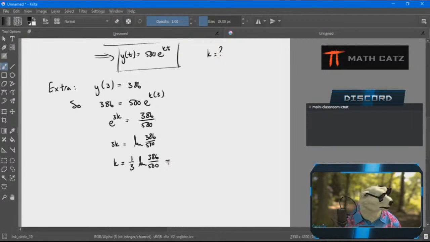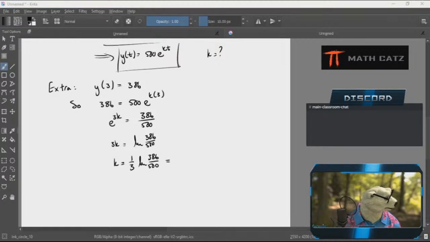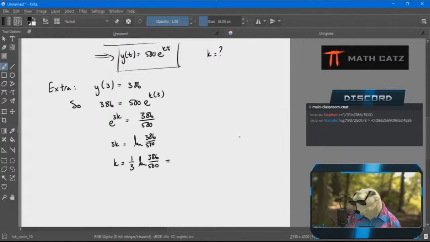And let's see what we get for our k. I get negative 0.086.